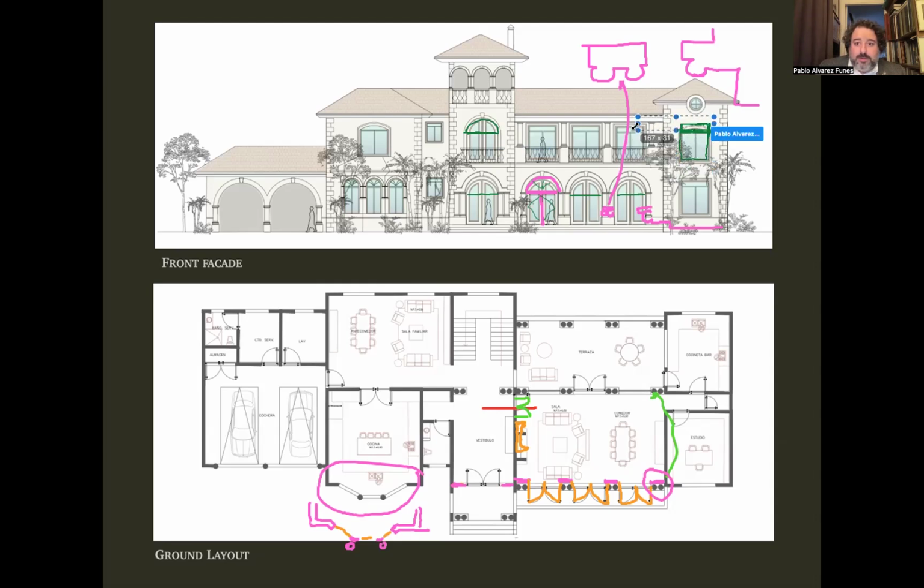This one with this one, or this one with this one? Let me delete it. So I would align this window, and I wouldn't do an arch. I would do either a half round circle, for which you don't have a space, or you do straight.